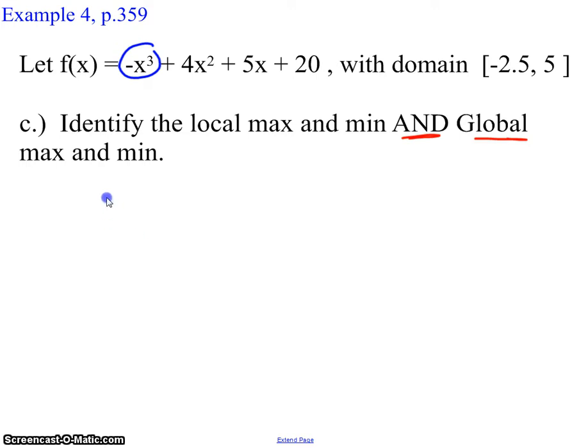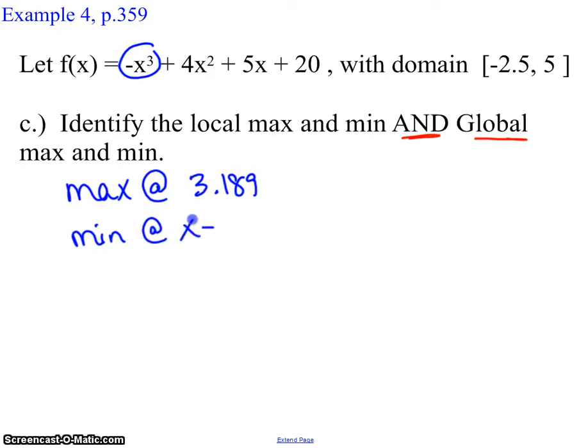And in part A, we found that my local max was at x equals 3.189, and my min was at x equals negative 0.523.